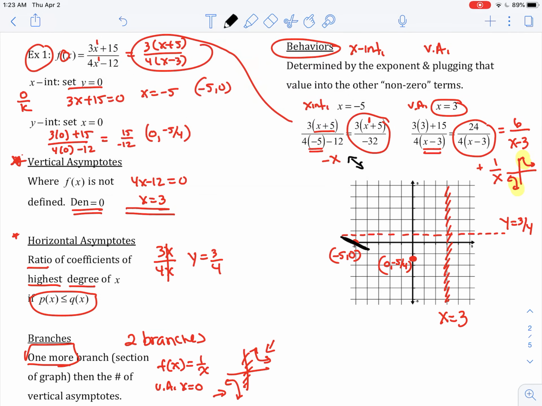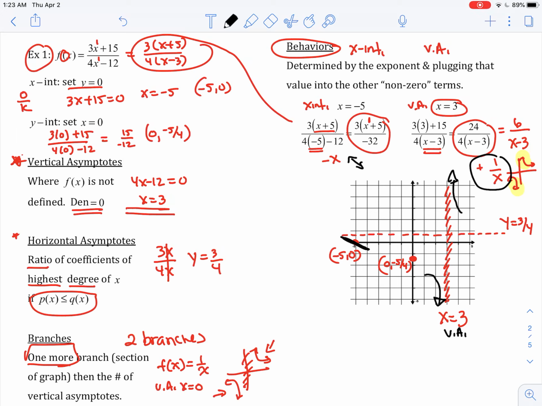So on our particular graph here, as we're approaching this vertical asymptote of x equal to 3, the behavior should look like a positive 1 over x, meaning on the right side of this vertical line, our graph should be coming up, our y values are getting larger. And as we approach that vertical line on the left side, our graph would be coming down.